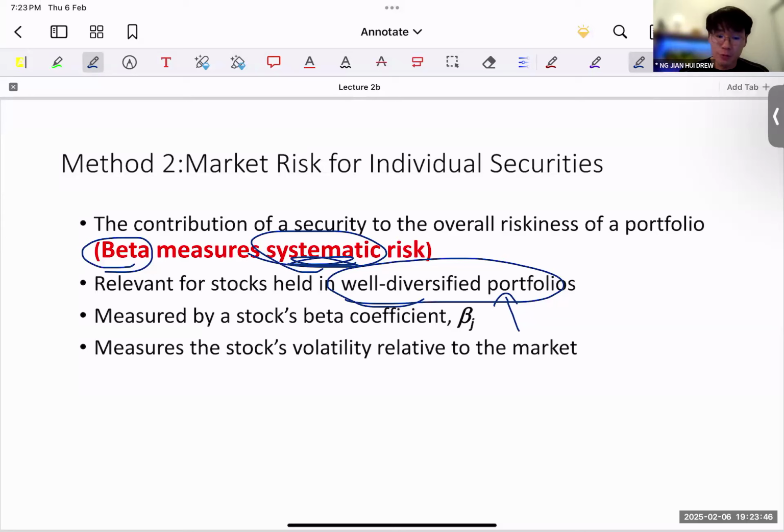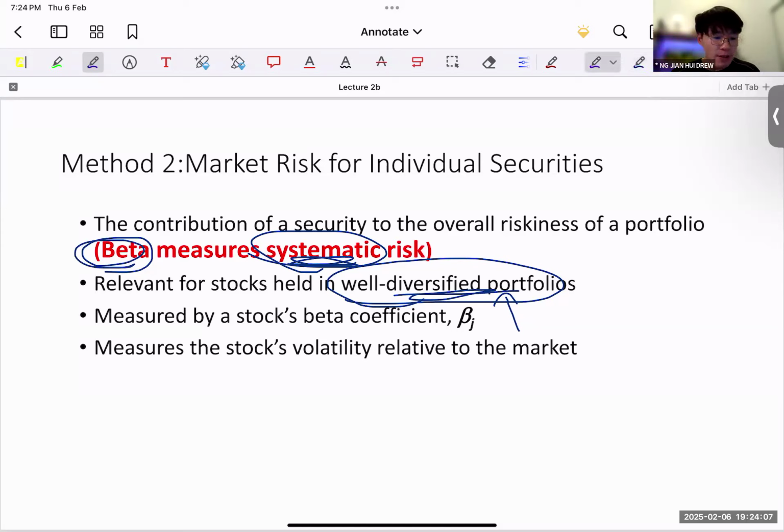So beta measures systematic risk, and so in a situation where we have a fully diversified portfolio as stated here, all our unsystematic risk is being diversified away. Meaning whatever is left is your beta risk, which is your systematic risk of the asset, right? And so this beta simply measures what?